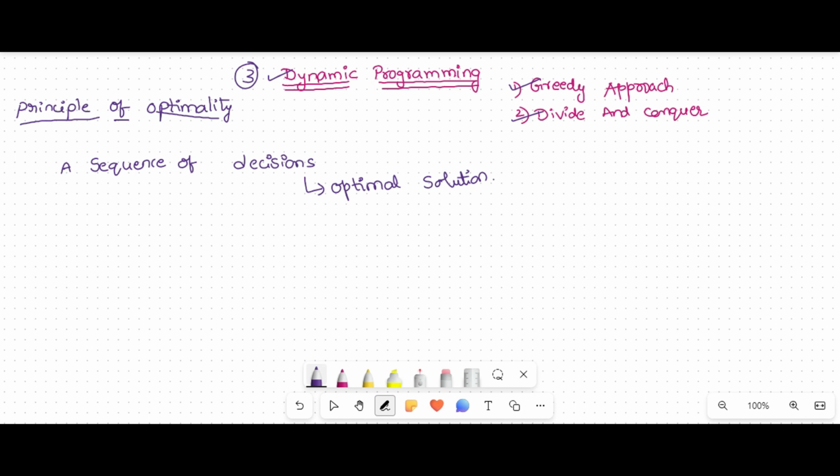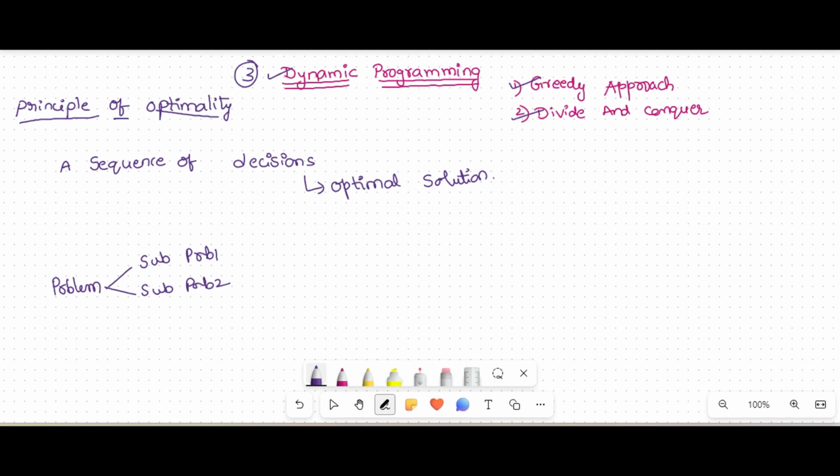Then what is the main difference between these approaches and dynamic programming? If you observe divide and conquer, suppose there is one problem which is very large, then that problem is divided into subproblem 1, subproblem 2, subproblem 3, and so on.